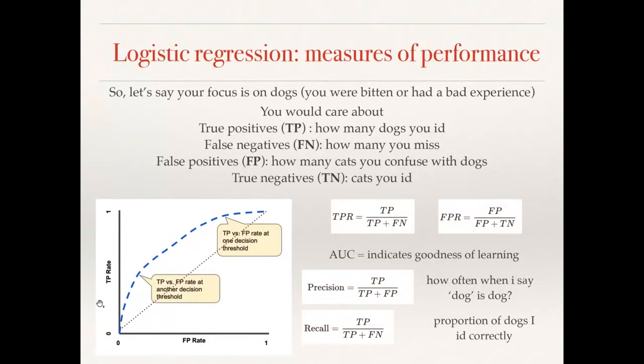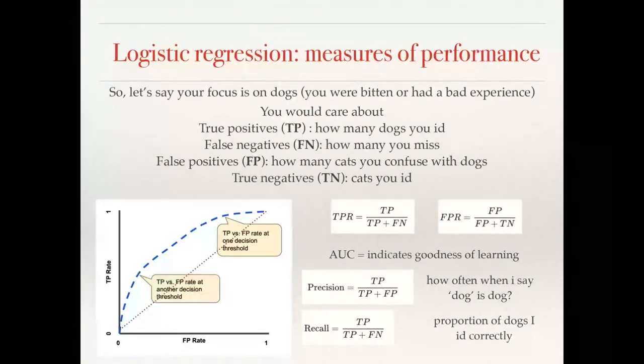So for example, when you are over here, your true positive rate is not too large, but your false positive rate is also not too large. So you're not getting scared too often because a cat comes around, but you're also not identifying your dogs all the time.